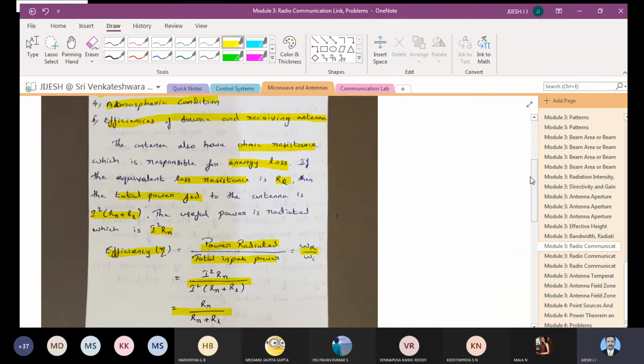It's very important for you to understand the calculation of efficiency. You can see this in a real-time scenario with mobile phones. If you just keep the mobile phone without any call, you can see that the mobile is not getting heated up, so the radiation is not too much in action.